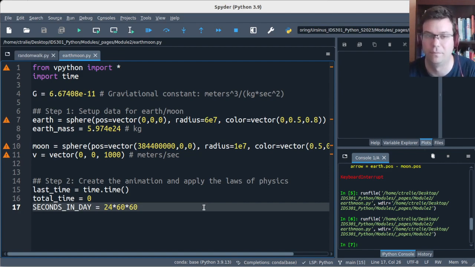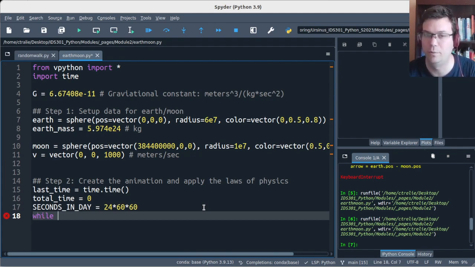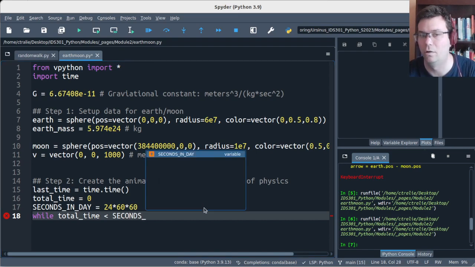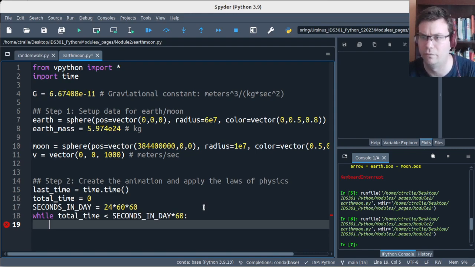That will be my plan. Okay. And so what I'll do is I'll let this simulation go as long as we are less than 60 days. All right, so we should see roughly 2 revolutions of the moon around the Earth. Now you remember, the first step that we do in the animation loop is compute the elapsed time since the last frame.